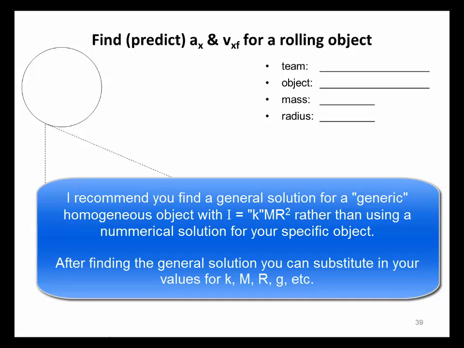So whether it's a solid sphere, a hollow sphere, a solid cylinder, a hoop, etc. Use I equals k m r squared rather than 1 m r squared or 1/2 m r squared or 2/5 m r squared or 1/3 m r squared, whatever, and come up with a general solution for your acceleration and velocity with respect to k, m, r, etc.